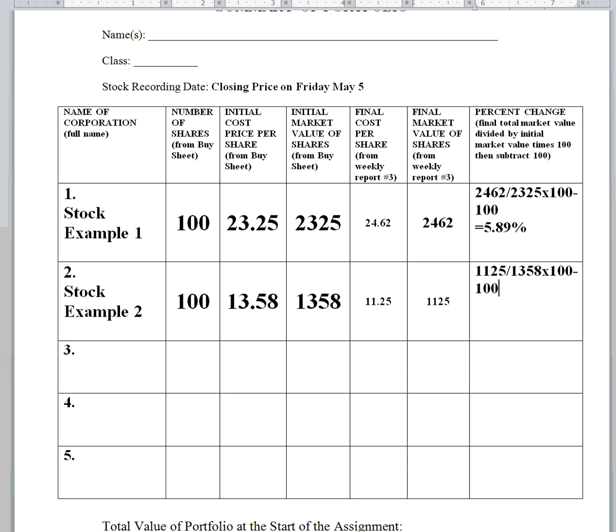So when I do 1125 divided by 1358, and I times that by 100, I get 82.84. But I remember I have to take away my original 100. That means I lost about negative 17.16%. That means I went down money, I lost money. So there's an example of one where I made money. There's an example of one where I lost money.